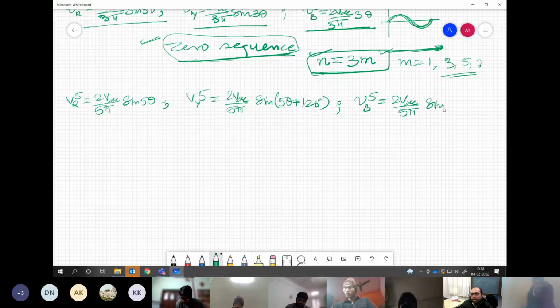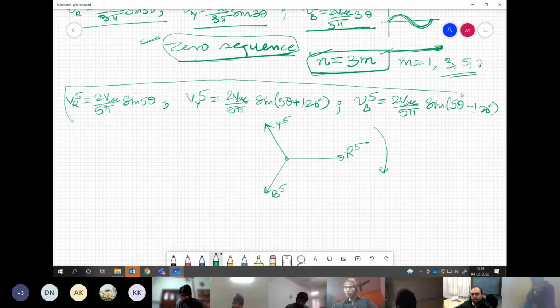This will form 5 theta minus 120 degrees. You see this? The sequence has changed. Now if you draw the phasors R5, Y5 and B5, this will be a clockwise direction of rotation. So all the fifth harmonic components are forming a negative sequence.